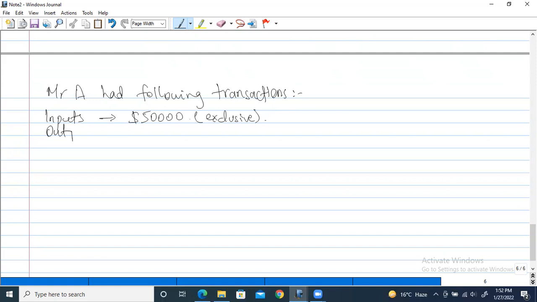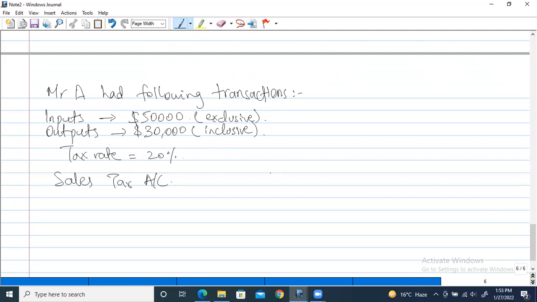And he had the outputs of let's say 30,000, and this amount is the inclusive amount. Okay, the tax rate, let's assume it is 20%, and we have to make a sales tax account over here. Okay, now let's see how this question will be done.